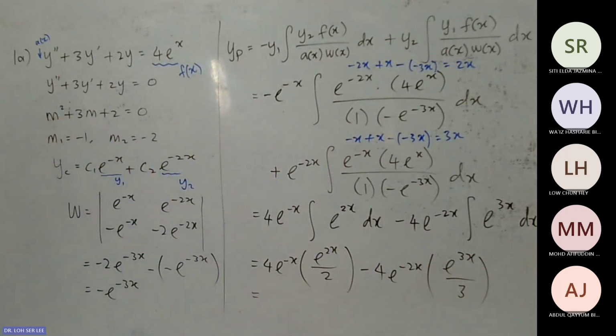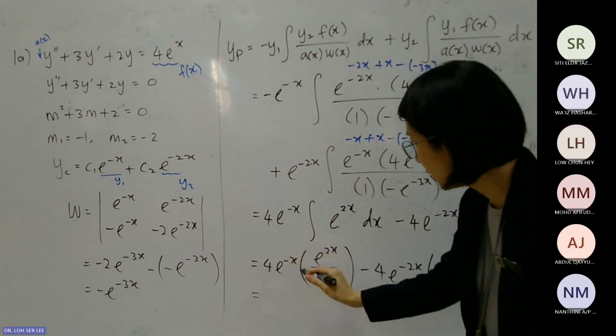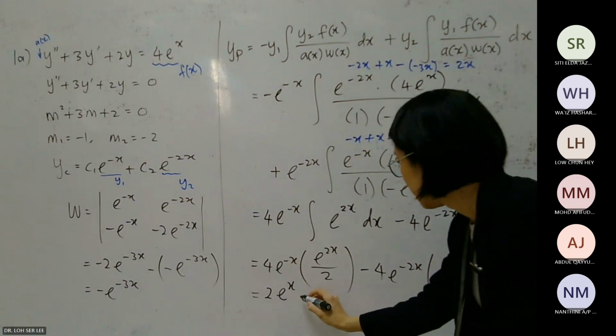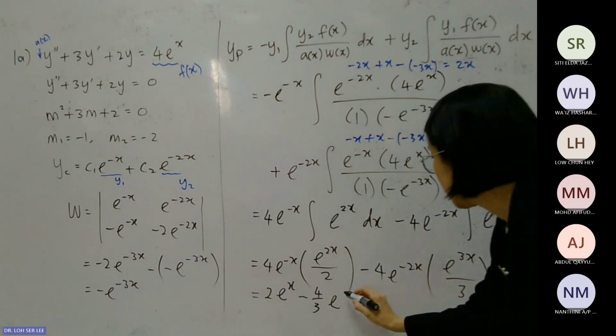Here you just simplify. Cancel out the 2. You have 2e^x minus 4 over 3 e^x.